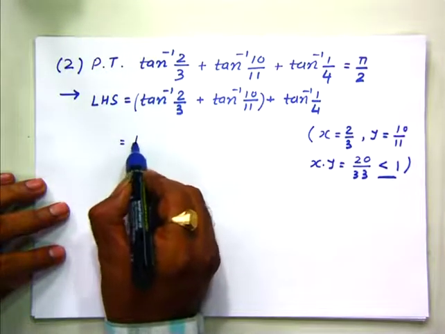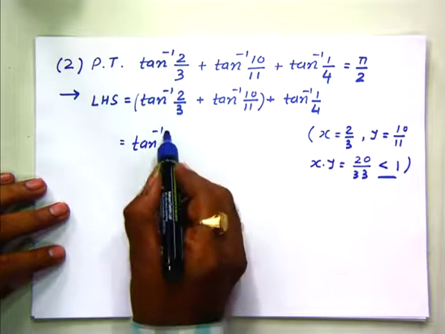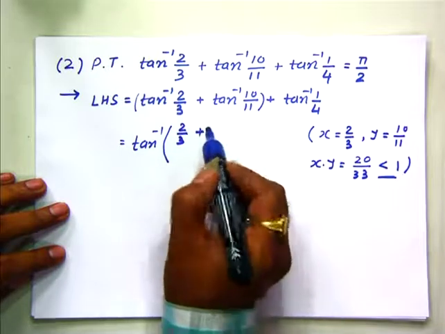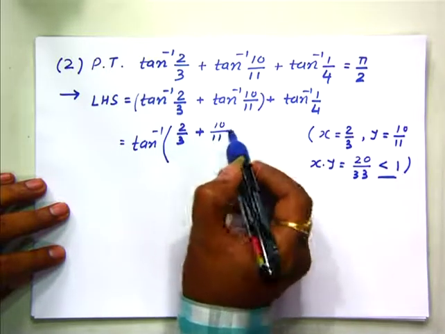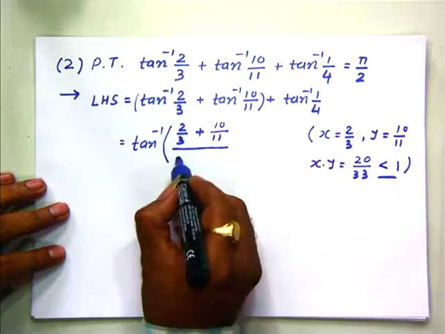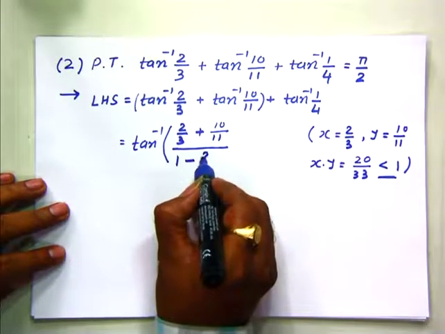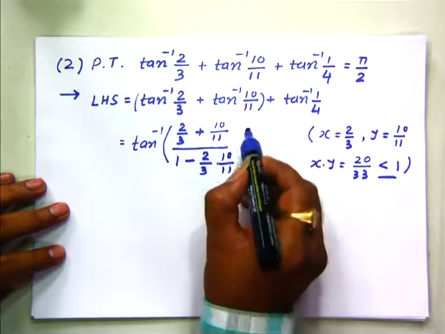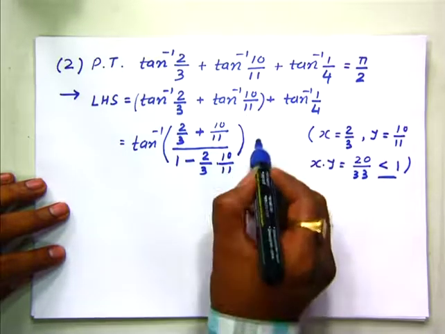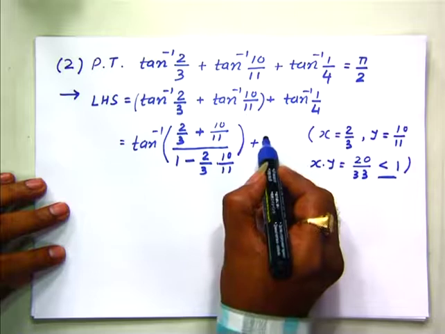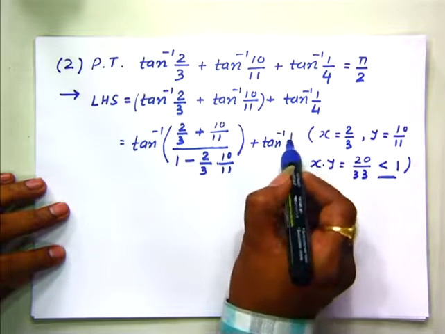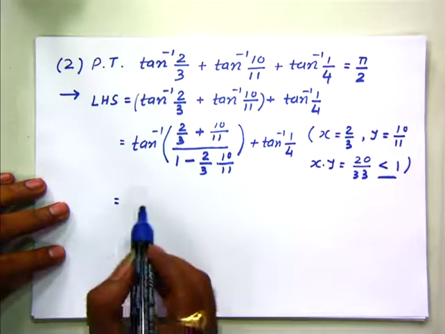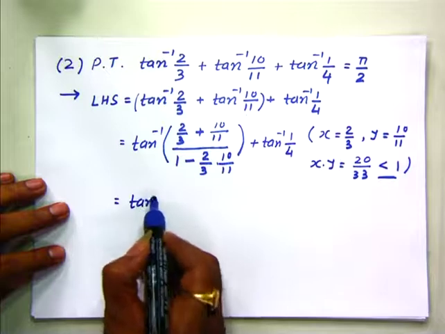So tan inverse x plus tan inverse y equal to tan inverse, x means 2 by 3 plus y means 10 by 11 upon 1 minus x means 2 by 3 into y is 10 by 11. Okay, and plus this last term tan inverse 1 by 4. Now we have tan inverse.